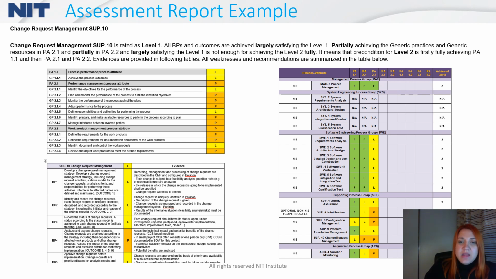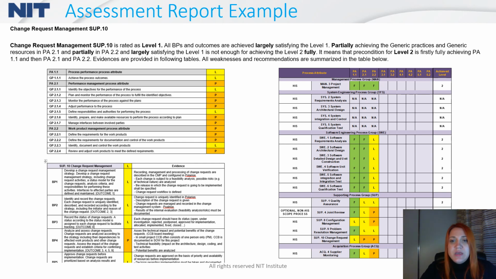All weaknesses and recommendations are summarized in the table below. And you can see that basically all the levels assessed here are not reaching fully. We have only largely or partial achievement. And when you go into the evidences, you will see that for each base practice or each generic practice, which is listed here and assessed with some rating, weaknesses are given in the evidence part.